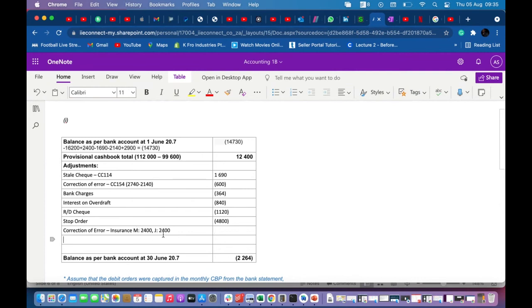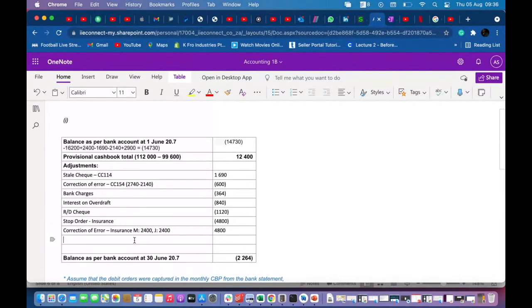This is money they're supposed to pay back to us because they debited it twice. They debited it once, which is correct, then they debited a second time, which was incorrect in May. They did the same thing in June, 2,400, and then another 2,400. So the total is going to be a positive 4,800 that they owe us. What would have happened is we would have seen this insurance go off our account and recorded it in our books, which we have done. We recorded 4,800, but now we are saying this was insurance, so this is supposed to be 2,400. That's how we're rectifying it there.